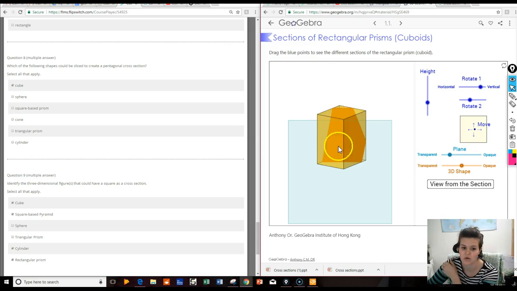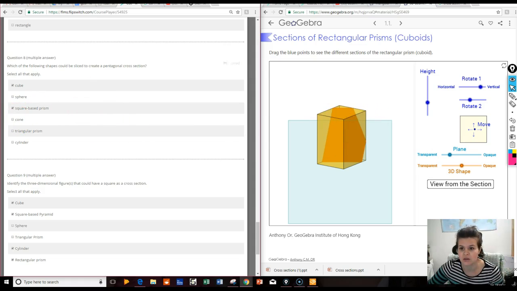If we're cutting off a corner of our prism, so a square-based prism would be similar to the rectangular prism, except for all of the sides would be the same.